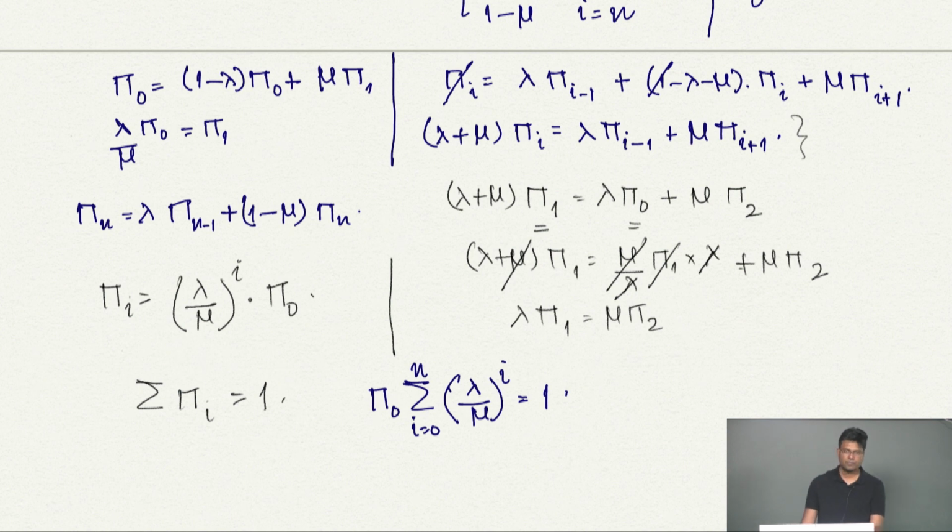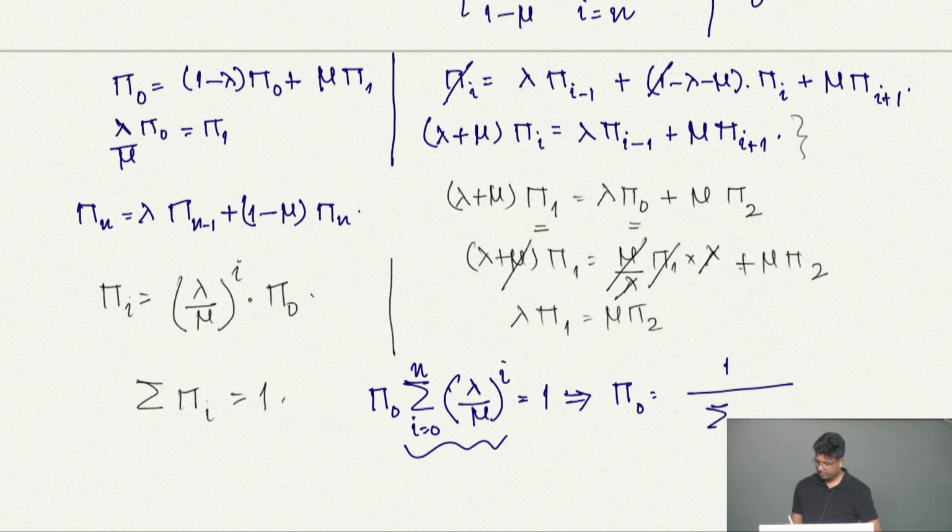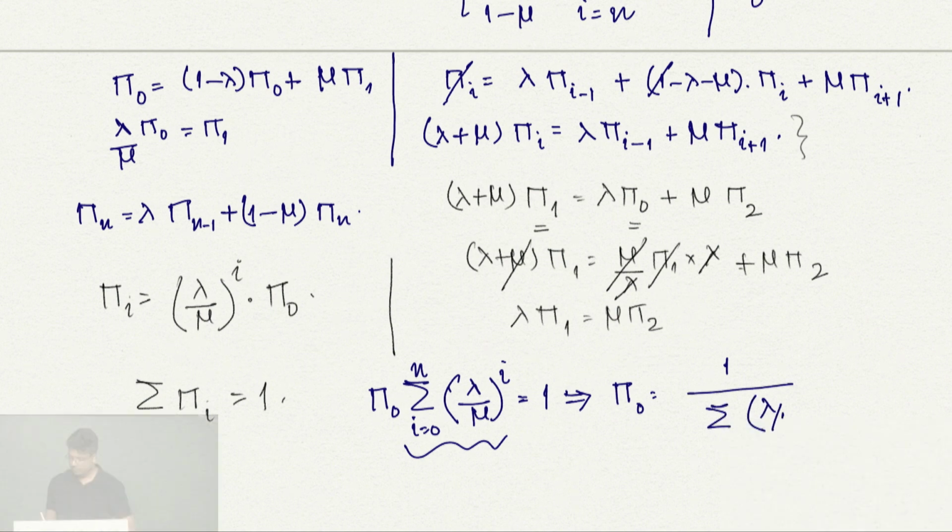Right? So what is this? This is a geometric sum, right? So we can actually say pi 0 is nothing but 1 by the summation of lambda by mu to the i, from 0 to n.